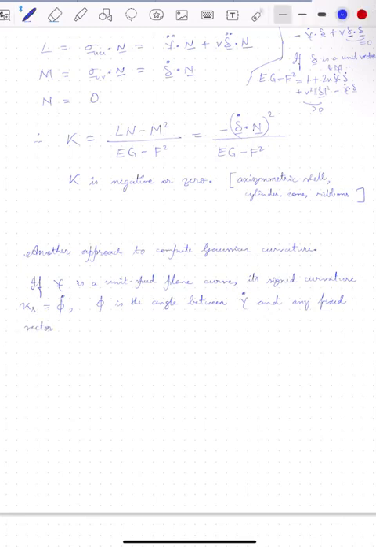This implies that the signed curvature is the rate of change of direction of the tangent vector of gamma vector per unit length.